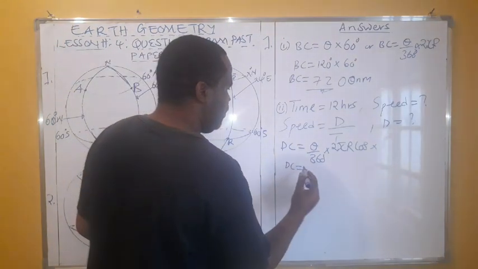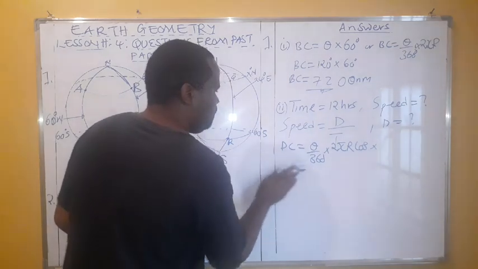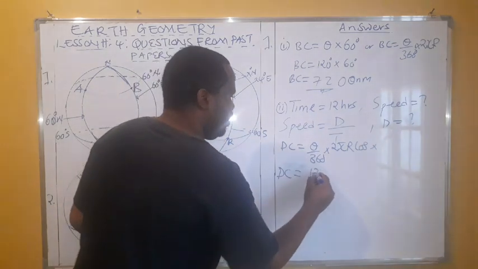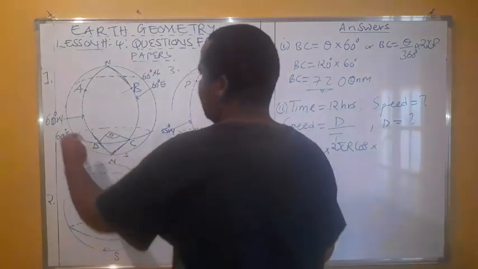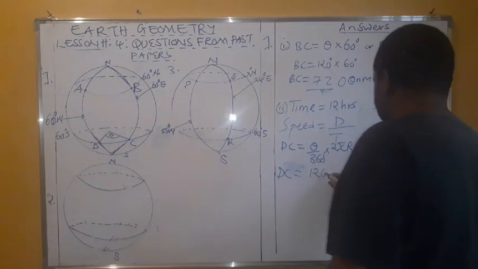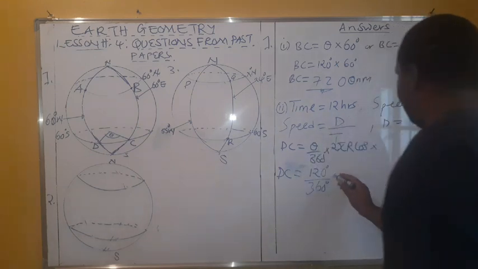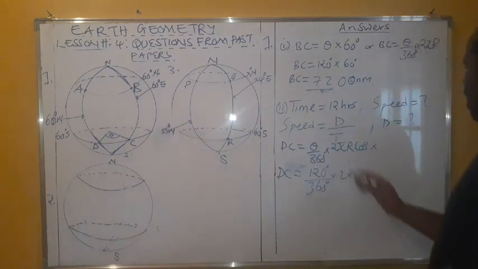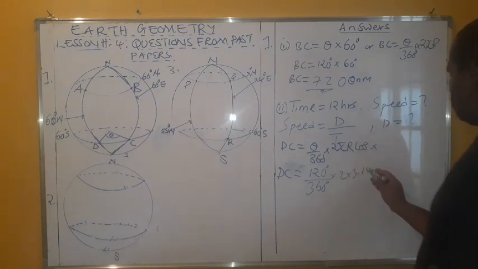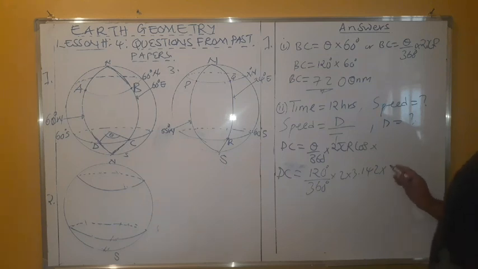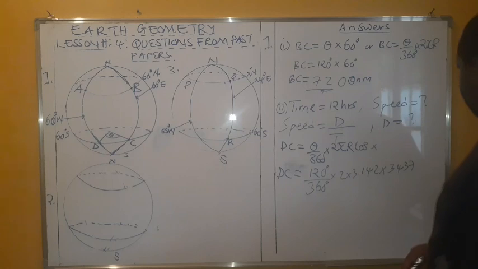So DC is equal to 120, because when you add 60 plus 60 you get 120 degrees, over 360 degrees, times 2 times pi, which is 3.142, times our radius, 3437, times cos.